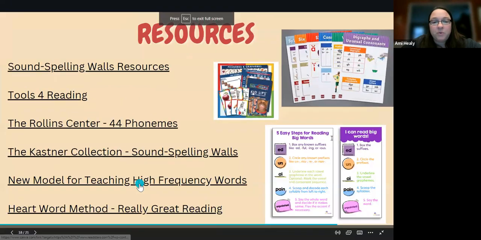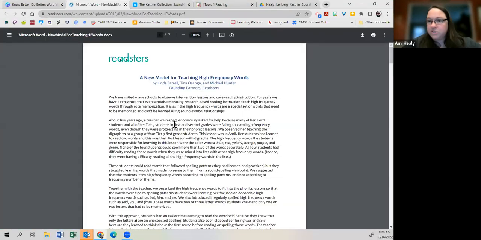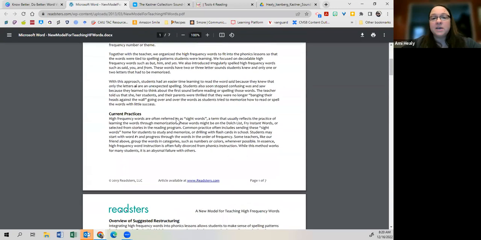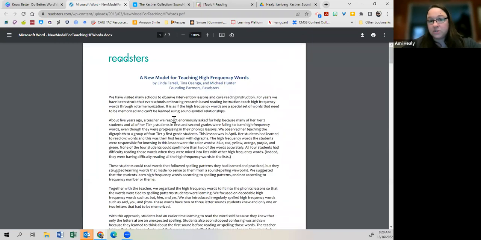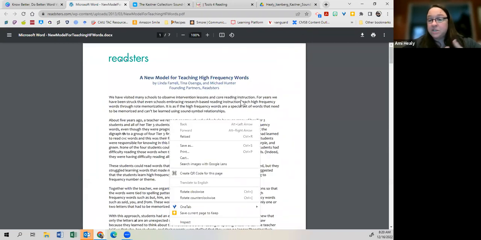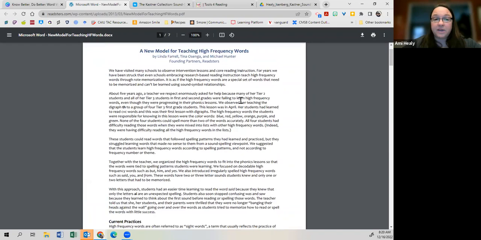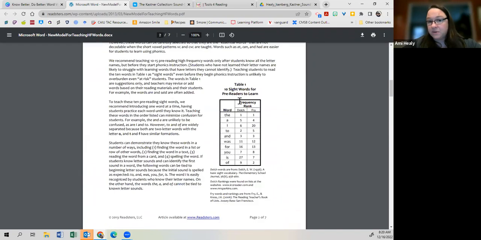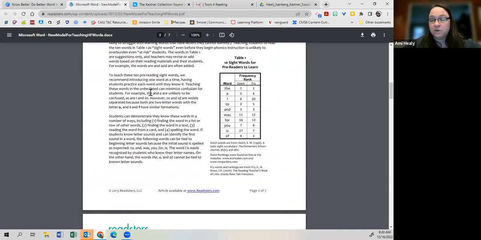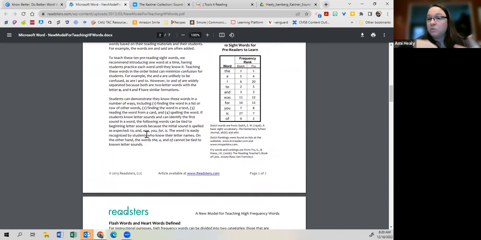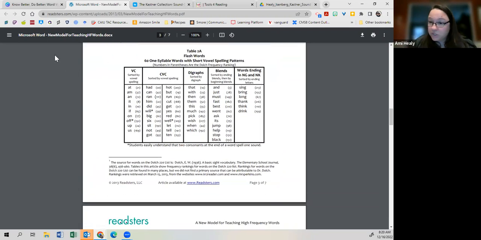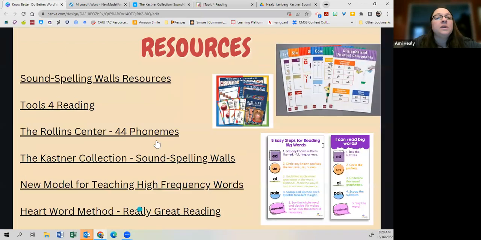And then we talked before about heart words. So if that's something that you're going to use instead to make sure we're explicitly teaching the words, this is a great article from Readsters about teaching high frequency words. If you haven't seen this before, this is a great read, a very easy read, and then goes into showing you some of the irregular words and really which words really are the heart words in the end.